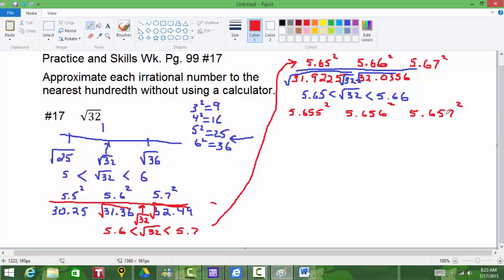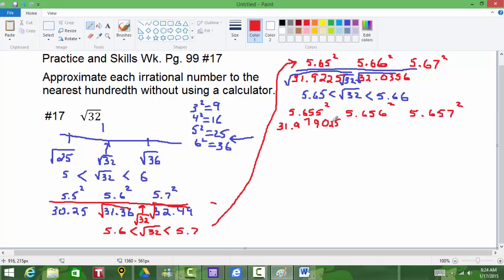Again, go to your calculator and put those numbers in. So it's 5.655 times 5.655, hit equal. If you do that, you're going to get 31.979025.